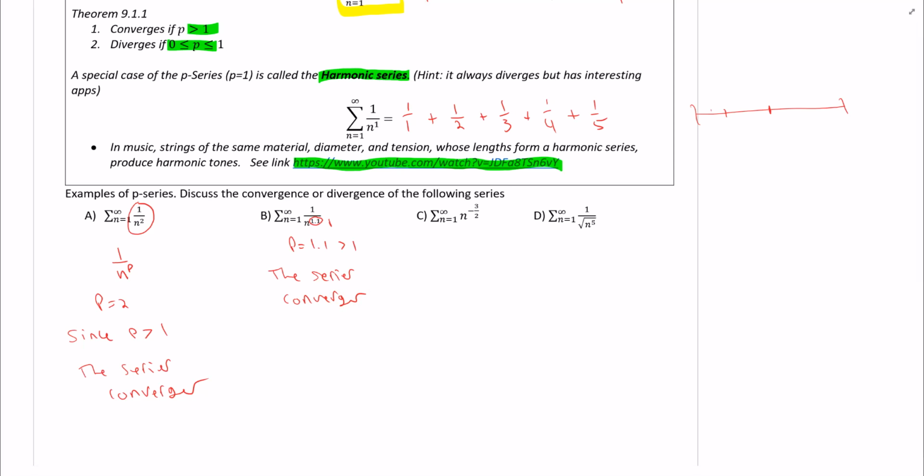For part C, we're looking at n to the -3/2, which doesn't look like a p-series unless you write it as 1 over n to the 3/2, in which case p is 3/2, right? And if p is 3/2, then that's greater than 1, so this series also converges.